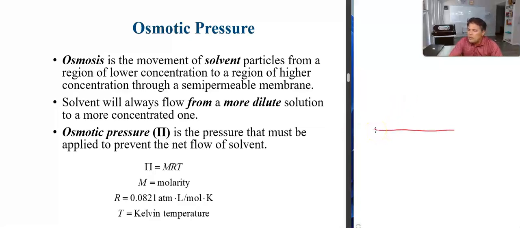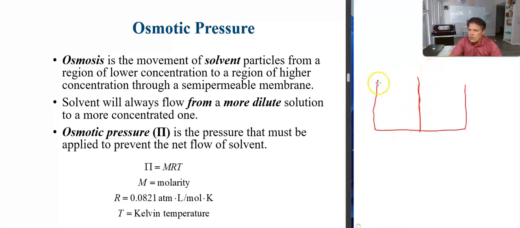Suppose you have a container, a big beaker, and you separate this container by a membrane. There is no water leak.